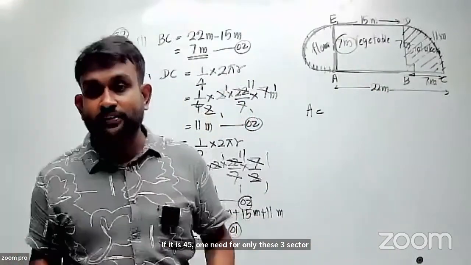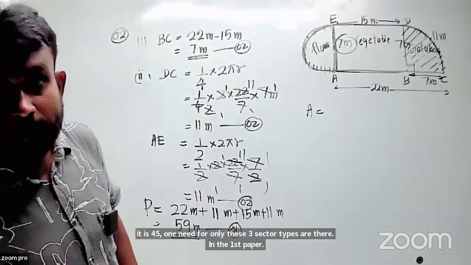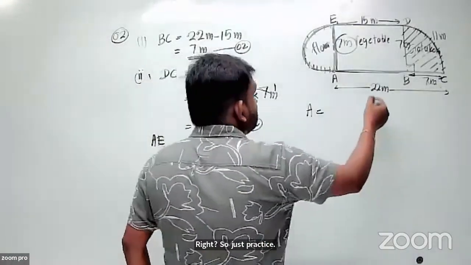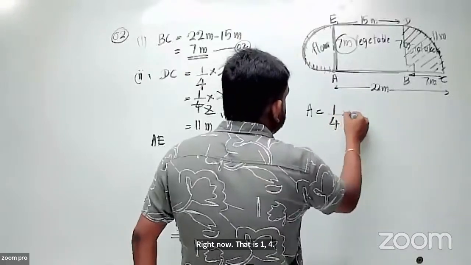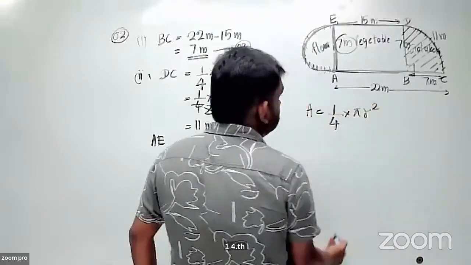So just practice. Right now that is 1/4 into πr squared.